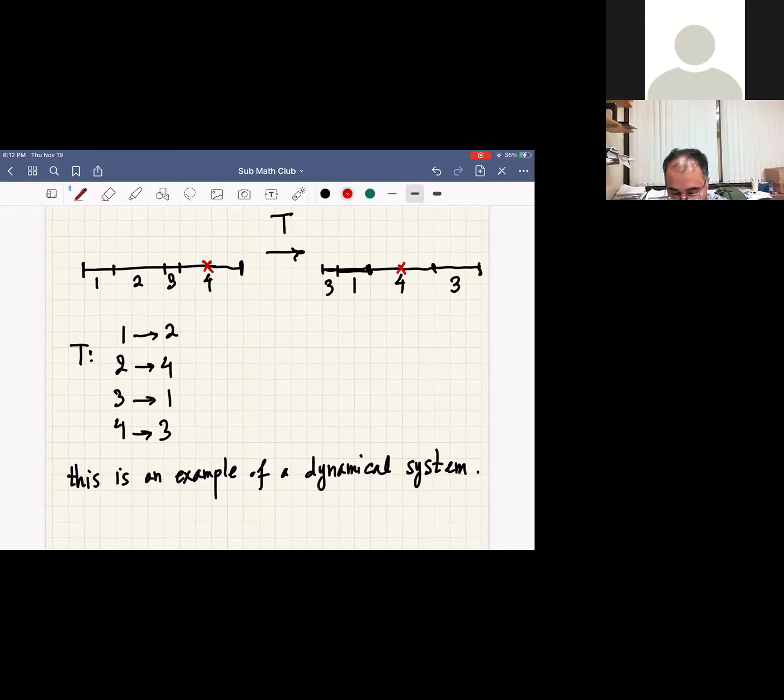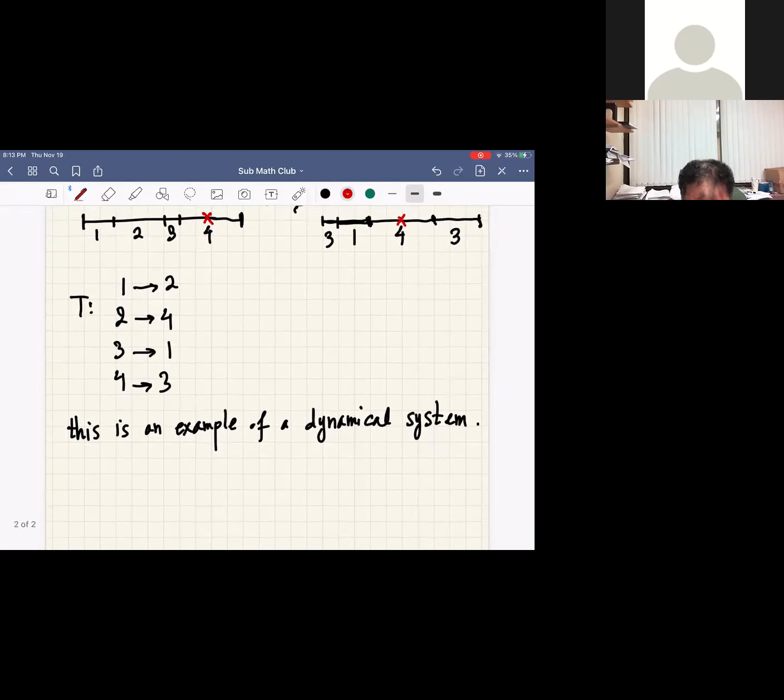Then again we rearrange these intervals according to the recipe and keep doing this. We want to iterate T and see what happens eventually.